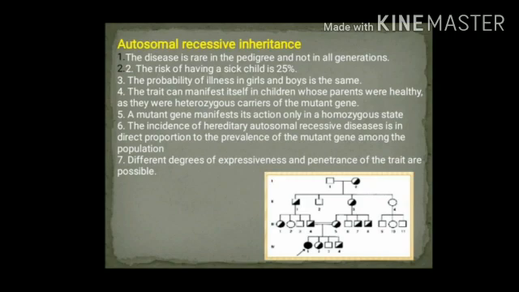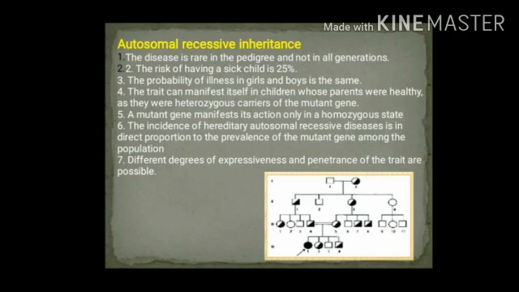The incidence of hereditary autosomal recessive disease is in direct proportion to the prevalence of the mutant gene among the population. It increases in isolated populations and in families with a high percentage of closely related marriages. And last, different degrees of expressiveness and penetrance of the trait are possible.